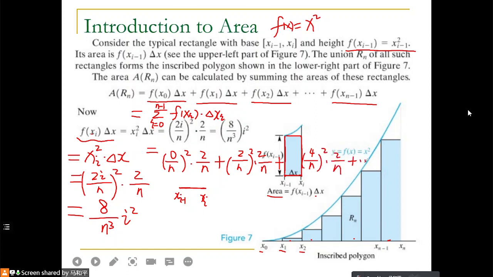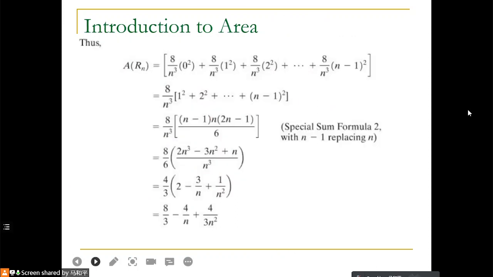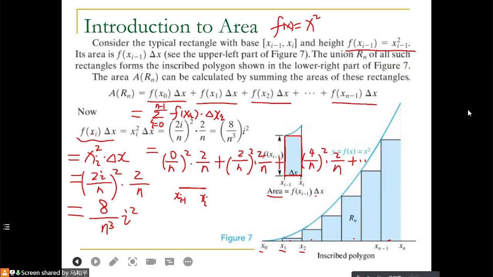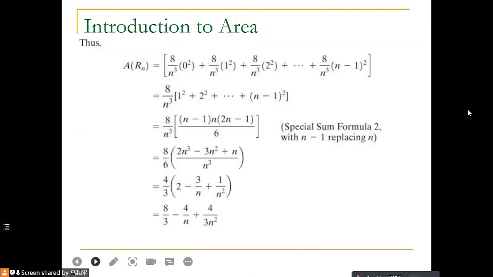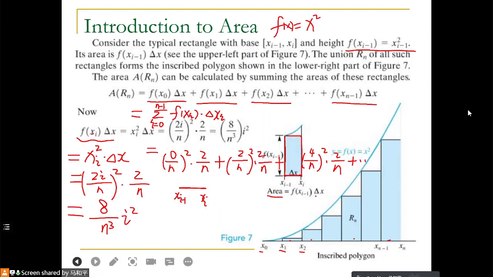Then we plus the last one. Calculating, it is equal to 8 over n cubed times i squared.